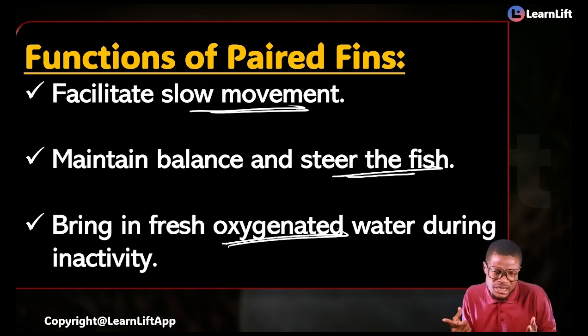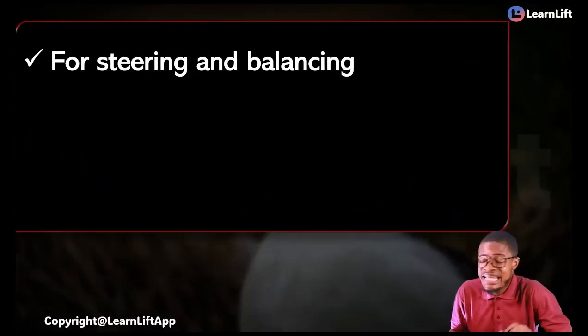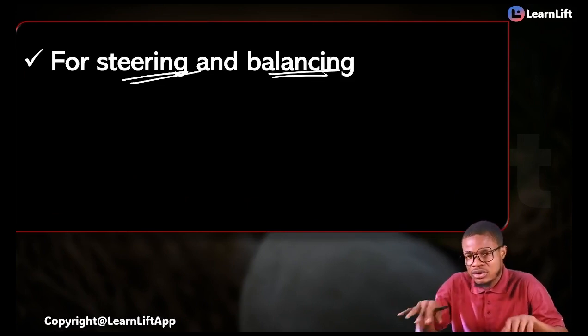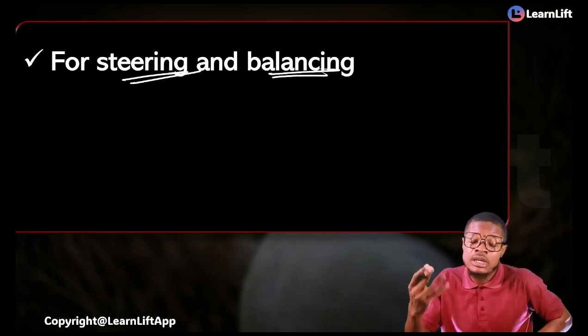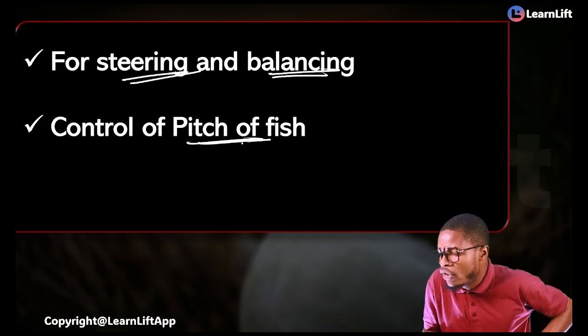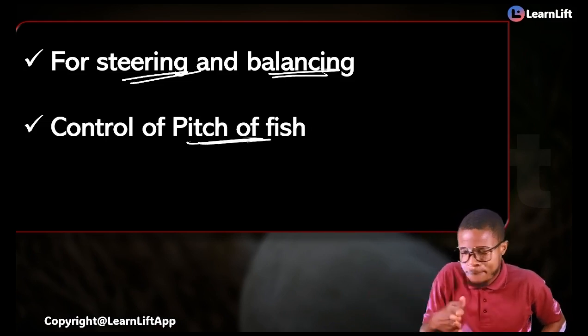I beg you, know these things very, very well. Another function of the pectoral and the pelvic fin is that they are for steering and what? Balancing. They are steering just slowly. They are in one place, just steering slowly, and they are well balanced in position. That's their function. And don't forget that they control the pitch of the what? The fish. Maybe the fish is running and wants to move this way. What controls it?